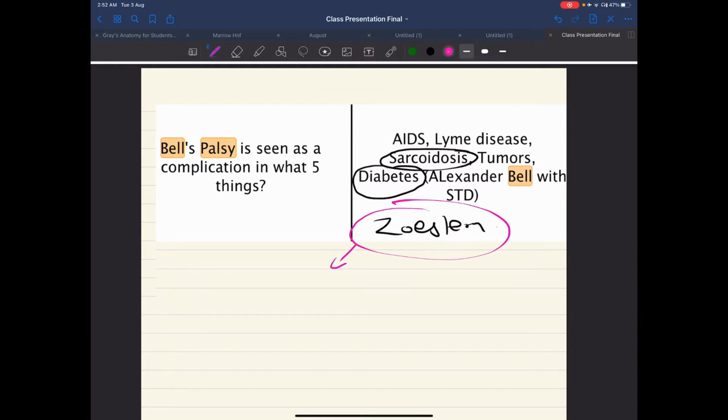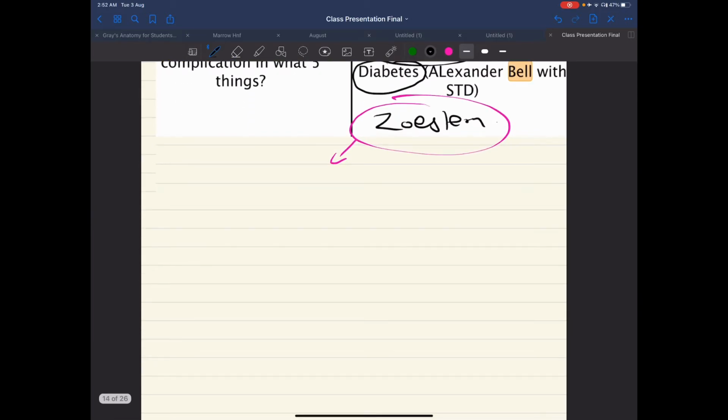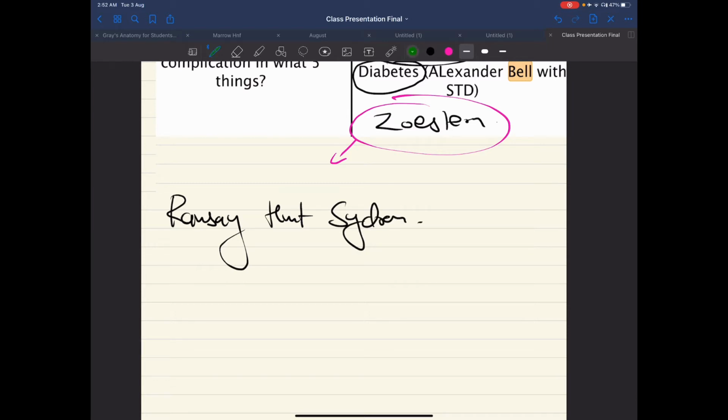Why is this important? When herpes zoster virus causes a lesion of your facial nerve, this is something specific. This is a specific syndrome called Ramsay Hunt syndrome.